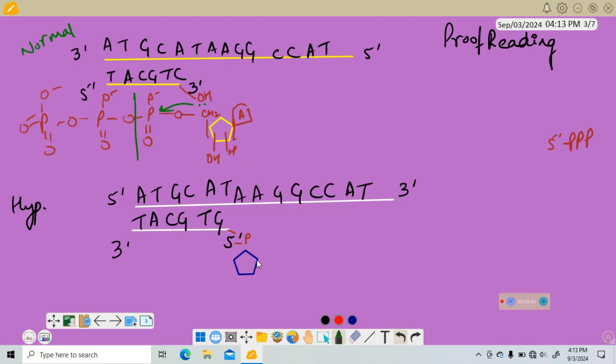But in the last case we have seen, let's say here we have adenine, structure same, then here CH2. Here I need to draw the rings such that 3 dash will come like this.